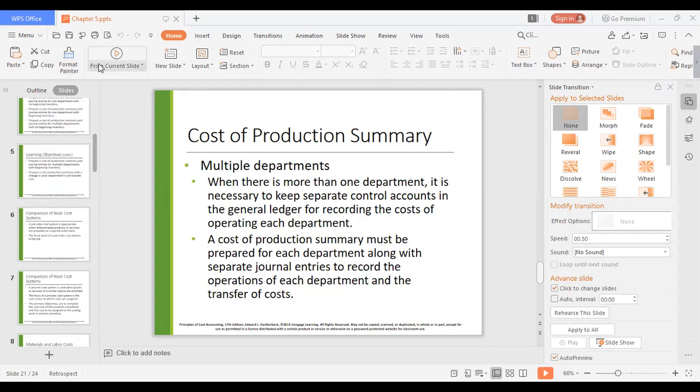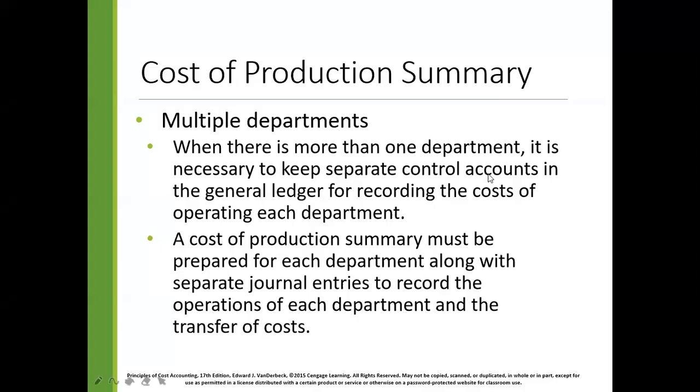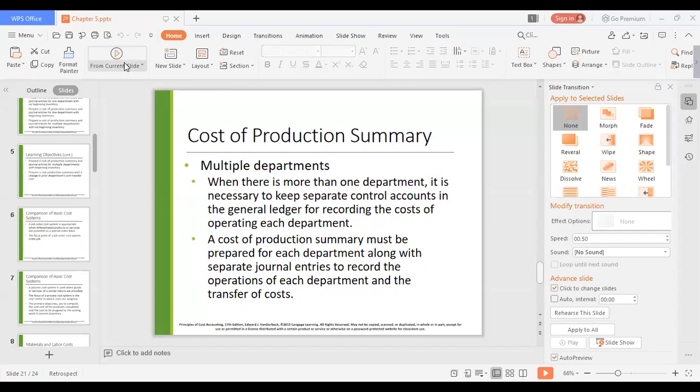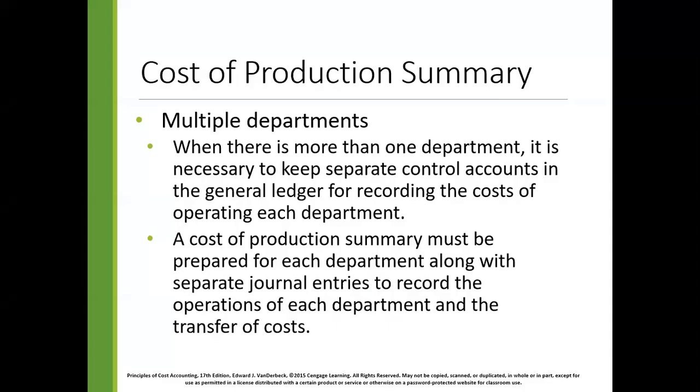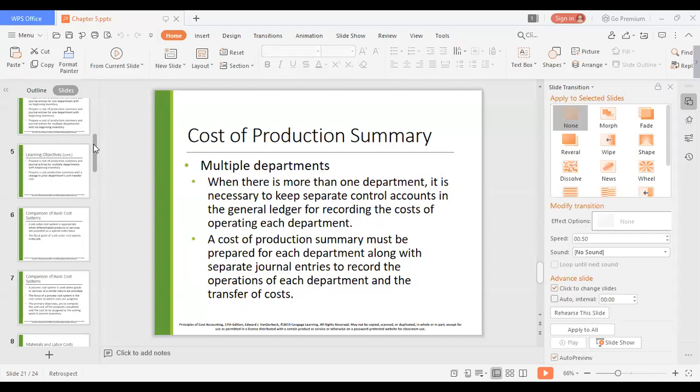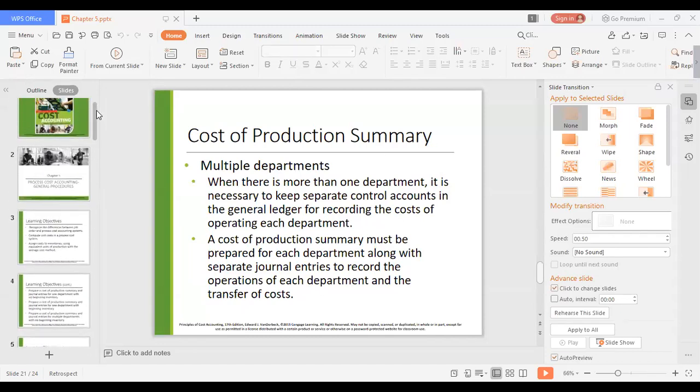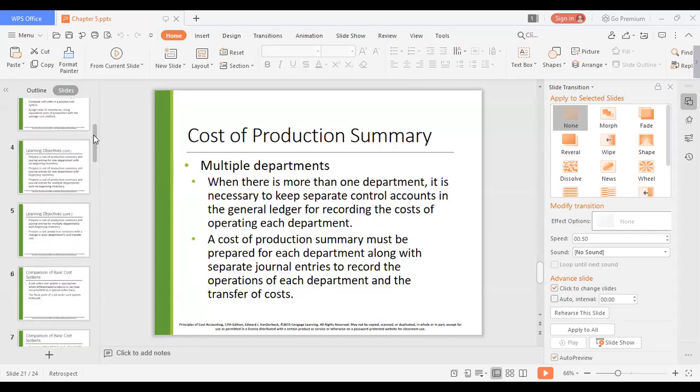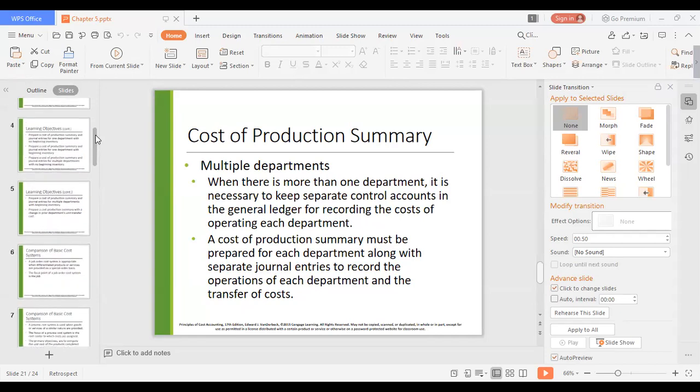The exercise states that we have to compute the equivalent production or the unit output for the month for each of the following situations, letter A up to letter E. We are now given the units completed during the month, the units in process at the end of the month, and the stages of completion.